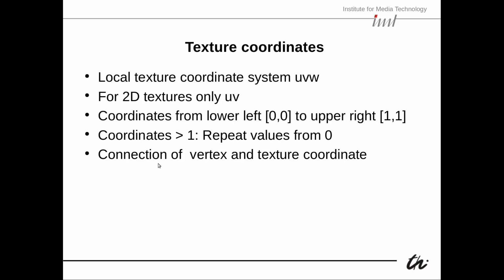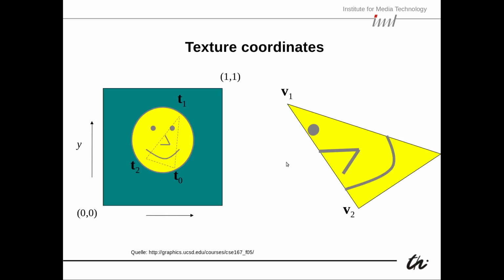And we connect vertices of the object with texture coordinates on our texture image. So this is how we map them or connect them. So here's an example. On the left we have a texture image, which you can see here. And then we use 3 points, T0, T1 and T2, which we then connect to our object.